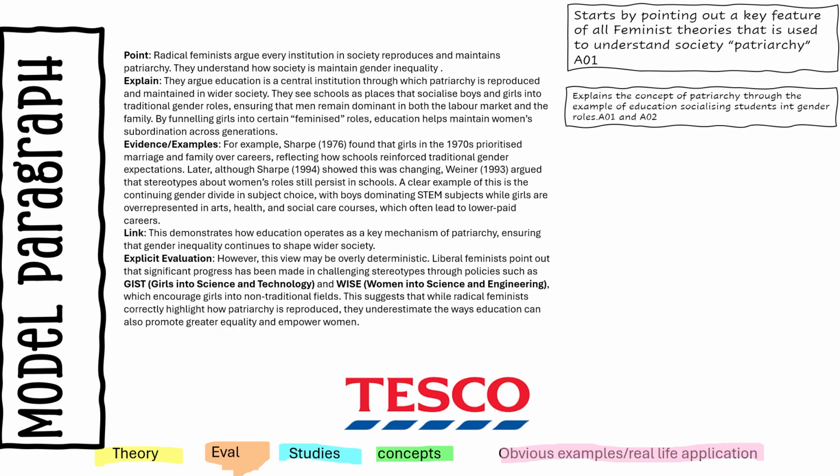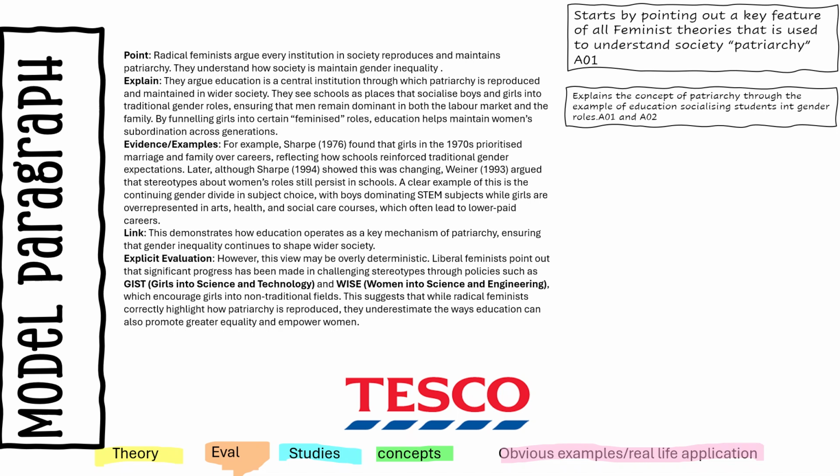The example I've used is Sharp's study, how Sharp said that girls in the 70s prioritised marriage and family over careers, and later showed that this was changing. However, Wiener argued that stereotypes about women's roles still persist in schools.